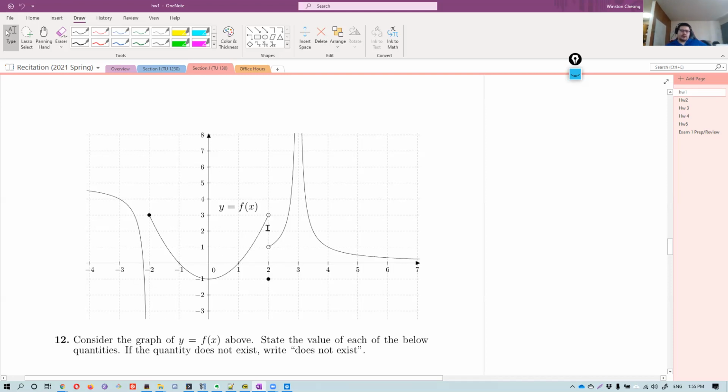Here, the limit approaching from the left is 3, from the right is 1, and plugging in gives -1. The two-sided limit doesn't exist because the two sides give different values, and this is called a jump discontinuity because there's a jump between the one-sided limits.